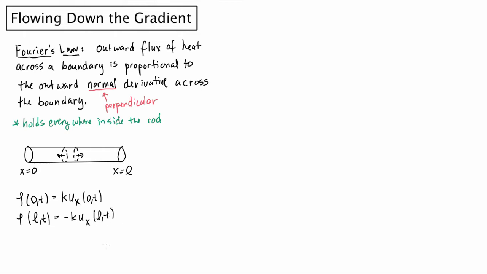Well, the easiest way that I can explain this is in a couple of different ways. First off, let's draw some arrows here. So the outward normal is this direction on both boundaries. However, by convention, flow is positive to the right.